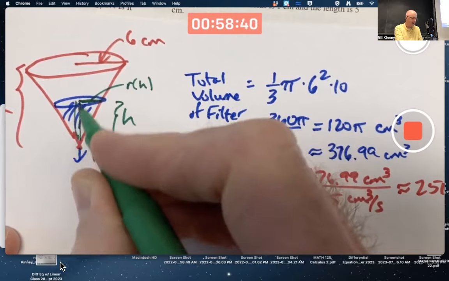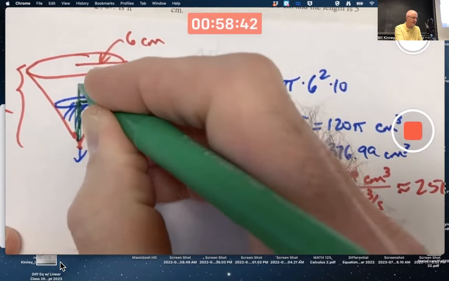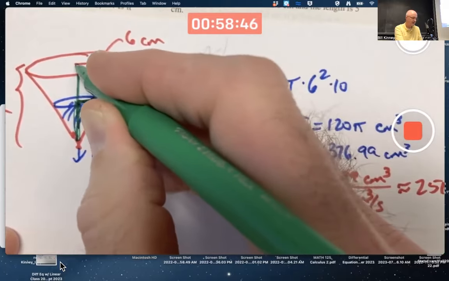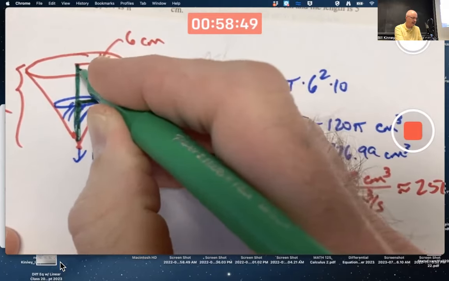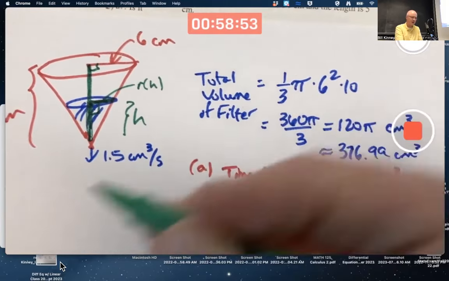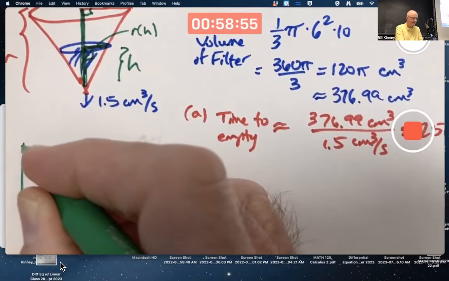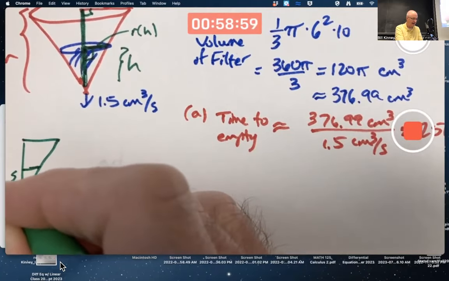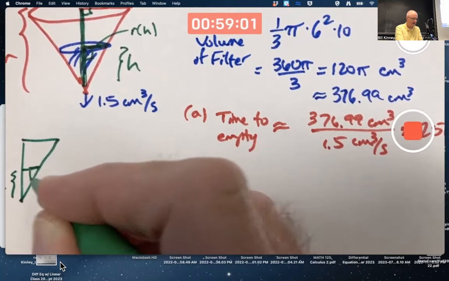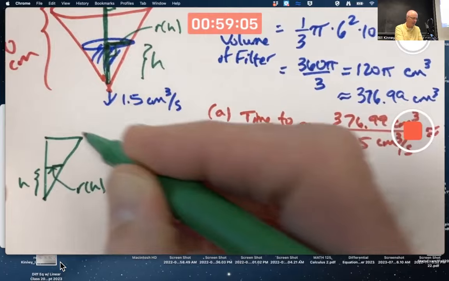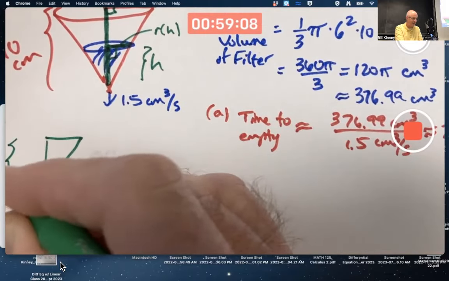How? A couple different ways it could be found. You could use similar triangles. I'm purposely drawing a vertical line in here to make a couple right triangles in the picture. If you want to redraw it, you can. This is H. That's R of H, function of H. That's 10.